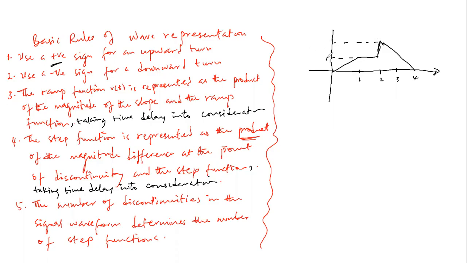So this is 1, this is 2, this is s of t, and then this is t, this is 0. Okay.